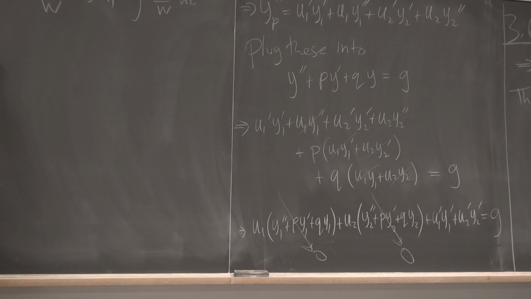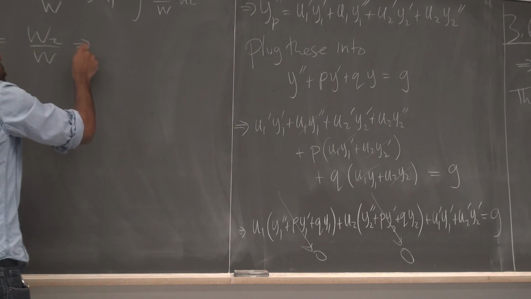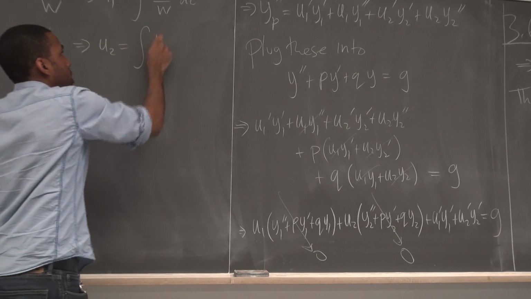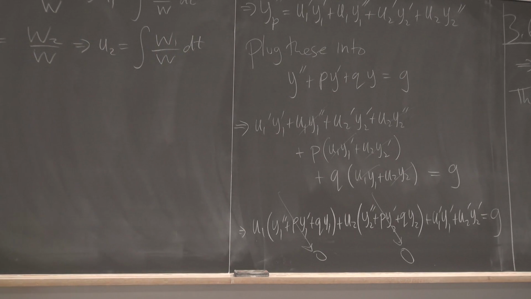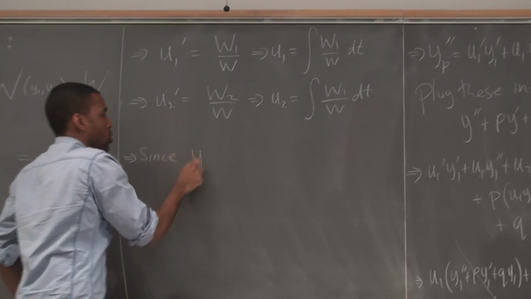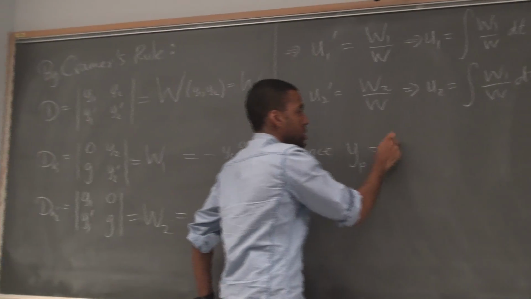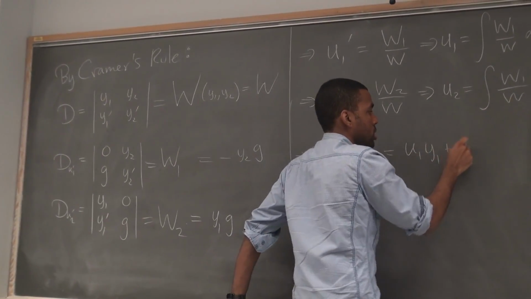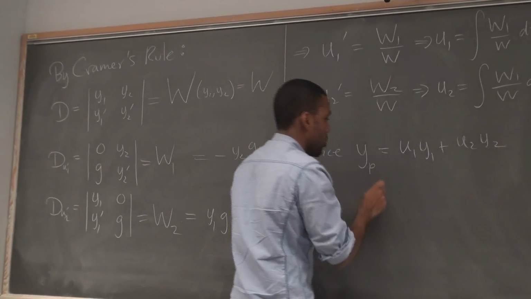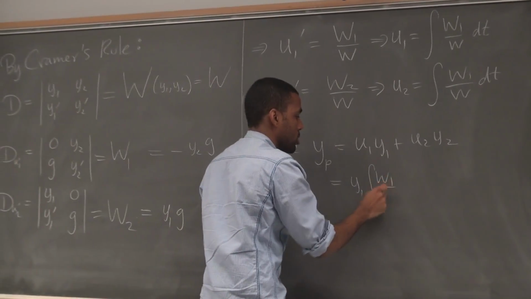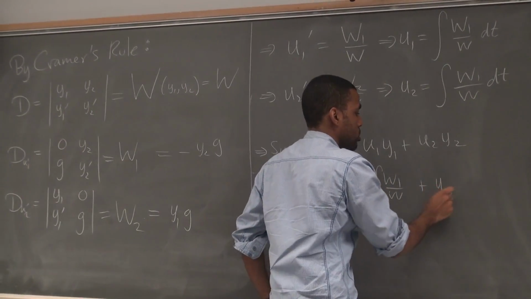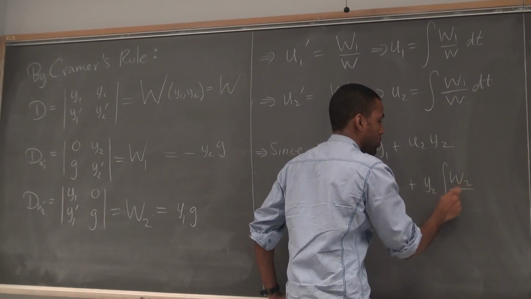Similarly, u2 prime is equal to w2 over w, which means that u2 is actually the antiderivative of that. This means since my yp I'm taking to be u1 y1 plus u2 y2, my yp would be equal to y1 times the integral of w1 over w plus y2 times the integral of w2 over w.